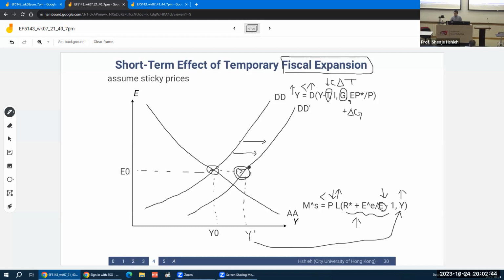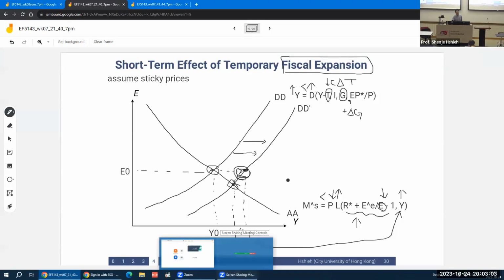So what's going on? Well, what's going on is we're actually moving from this point here slowly along the DD schedule until we hit this point here, right? Y double prime. Right, so I hope everyone sees that sequence of logic, right?